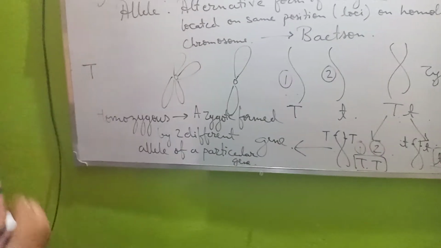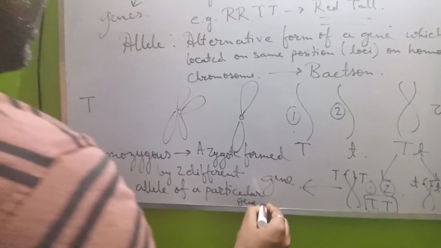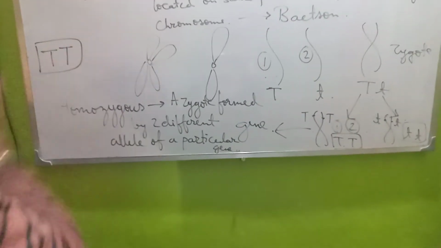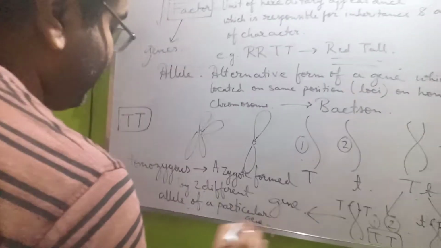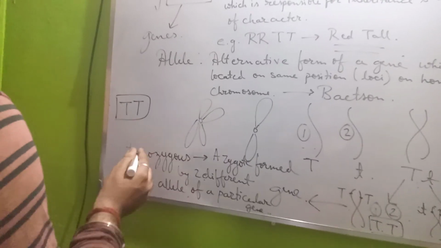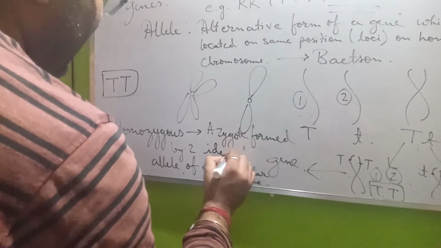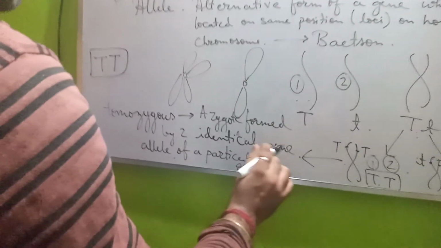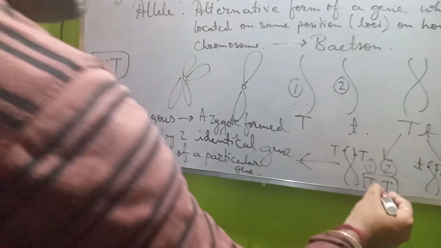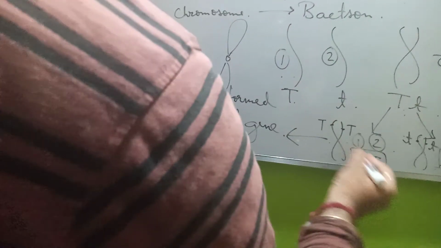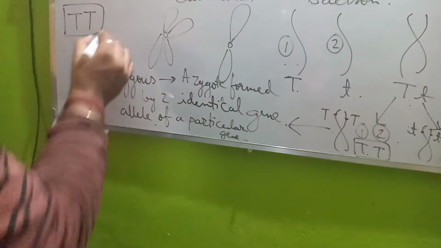If I say over here capital T and capital T, both are having the same type of alleles of a particular gene, and that's why we call such alleles homozygous.